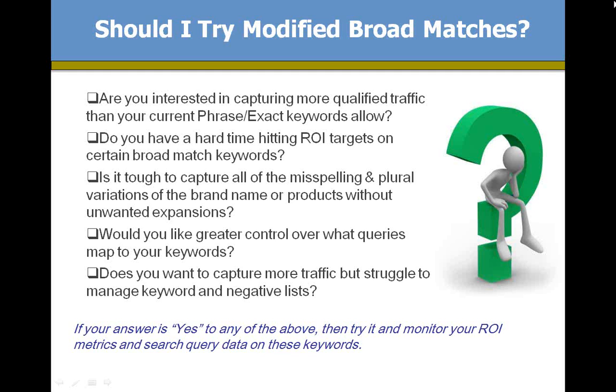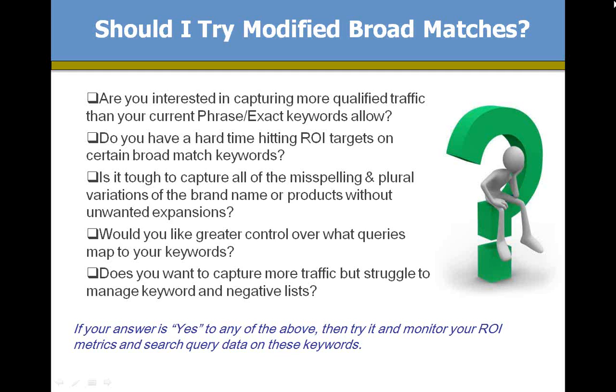Perhaps you have really tight ROI targets and you need to hit those. So I wouldn't go crazy and start adding modified broad matches to your whole account, but I would look at maybe some ad groups or campaigns that do well, and if you want to go for more volume, this would be a good place to test these.